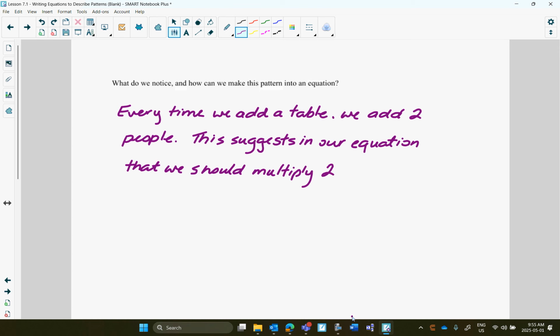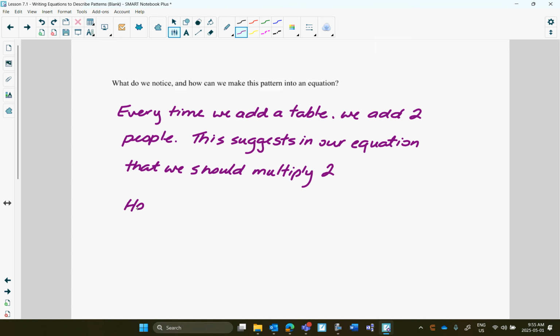So like if you saw a pattern going down, add 4 every time, then in your equation, you should have a times 4. If you're adding 10 every time, in your equation, you should have a times 10. But that's not the entire equation.